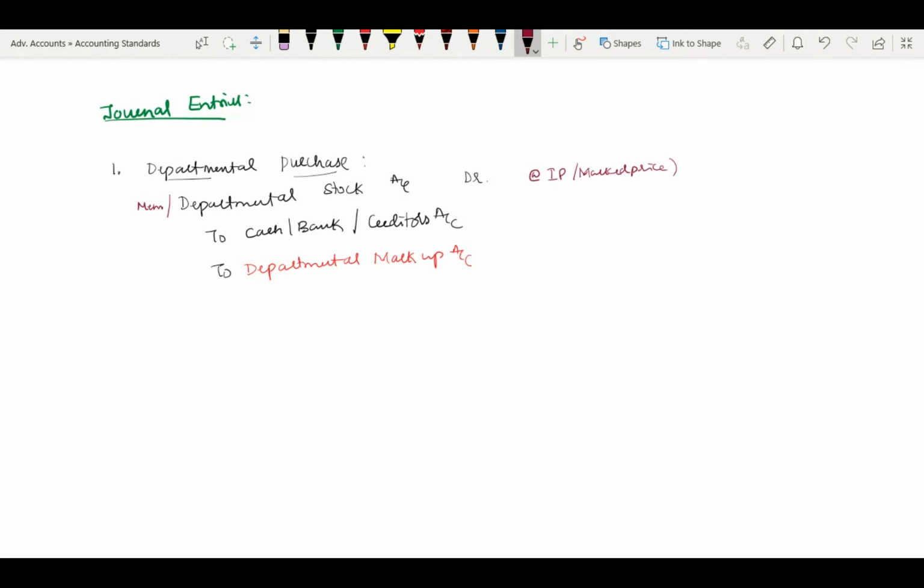So only cost, and the markup or loading will be in the markup account. So the departmental stock account will appear at invoice price.